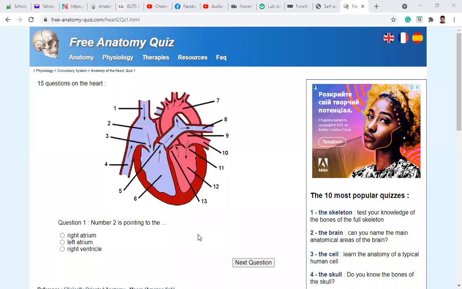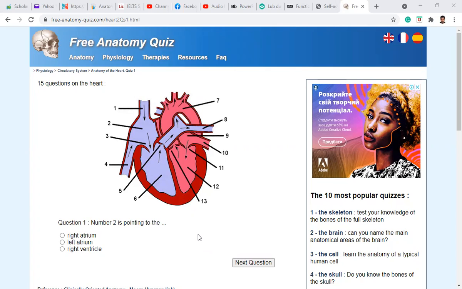So there's another quiz here, the anatomy of the heart. From this quiz, you are to identify the different parts of the heart and the blood vessels that come out of it. So let's start question 1.